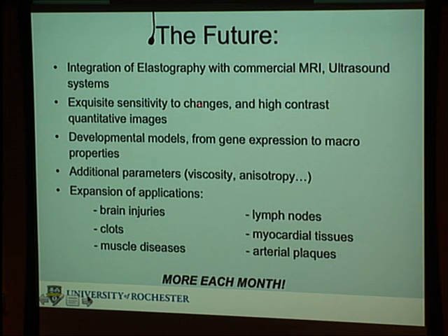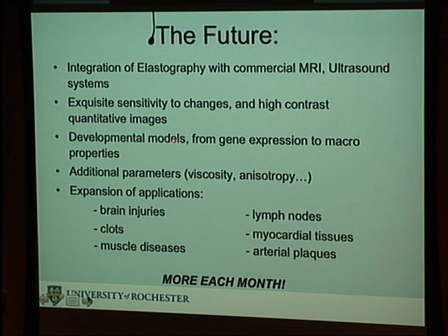Greater sensitivity to early changes. When a person starts to develop liver cirrhosis or fibrosis, you really don't want to wait till the end stage to know that. You want to know at the earliest possible stage, because that's your greatest chance of turning things around. Similarly, for most kinds of cancer, you want the earliest changes.